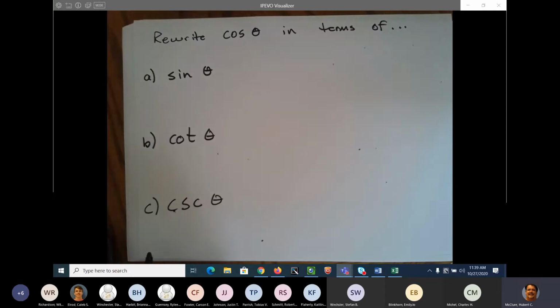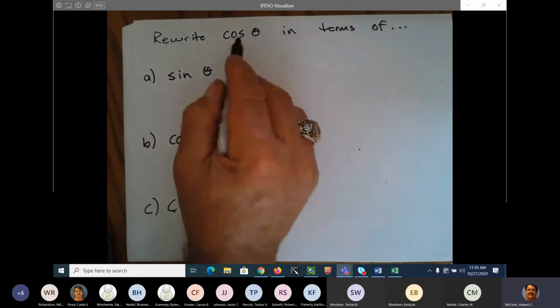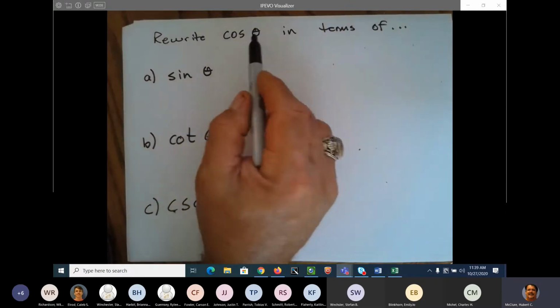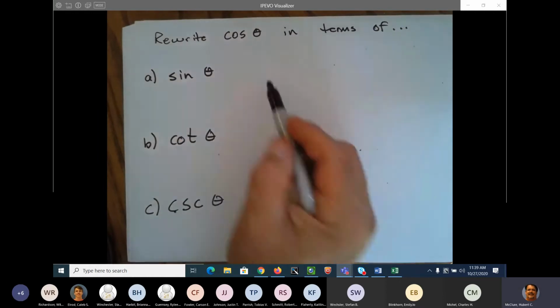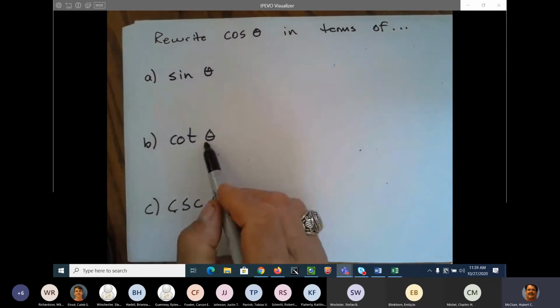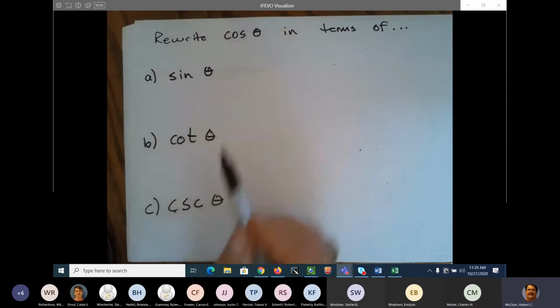All right, now I want you to take a minute and look at all the different identities that have anything to do with cosine and sine, cosine and cotangent, and cosine and cosecant.